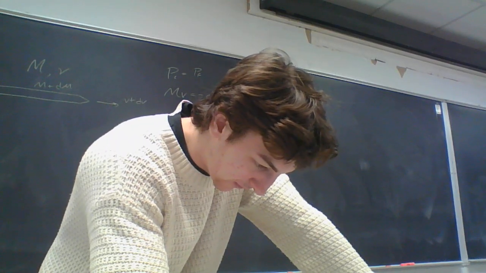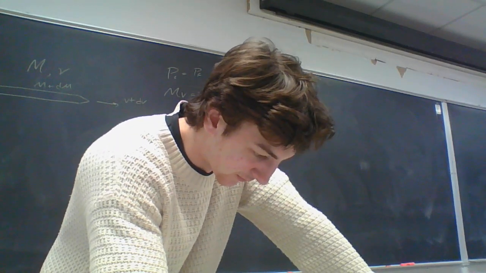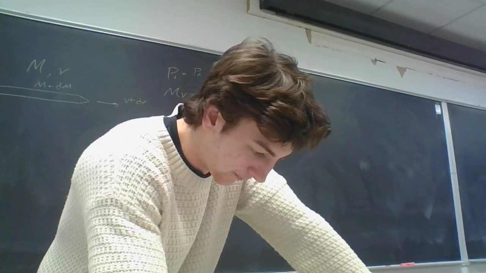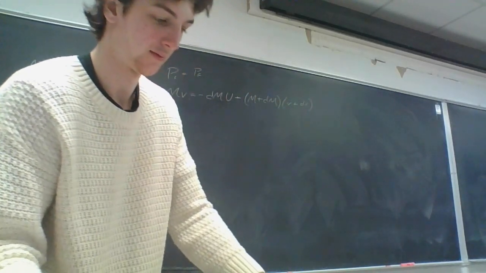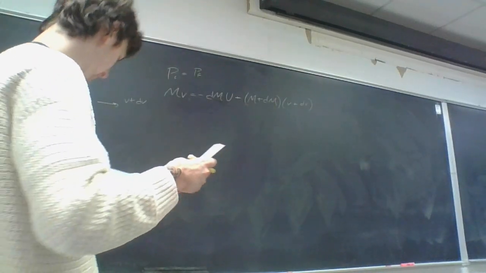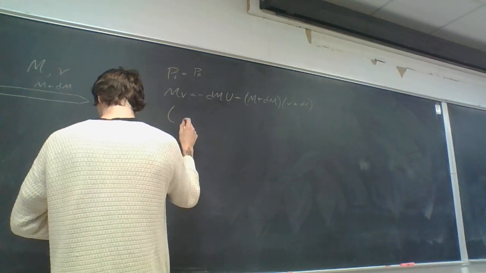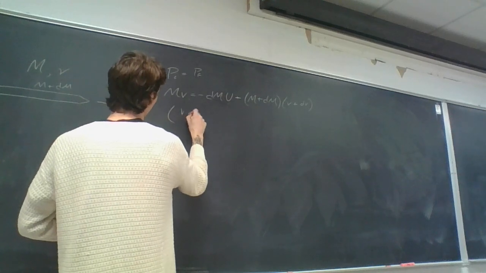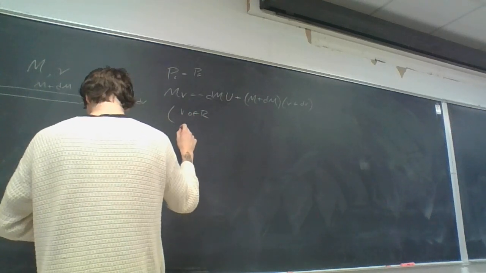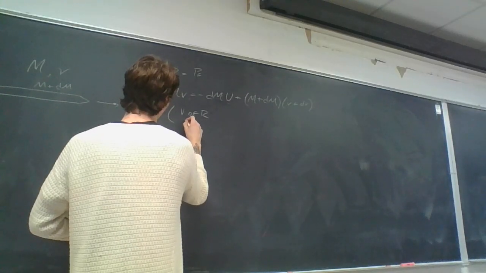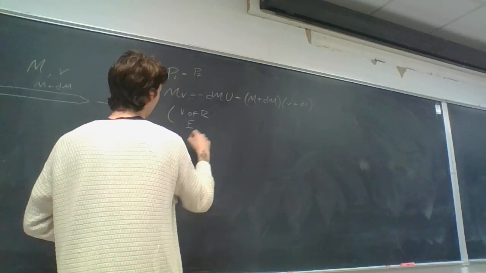So we want to simplify this by using the relative speed between the rocket and the exhaust products. So we've got v of rocket relative to our frame of reference, so I'll put an F there.